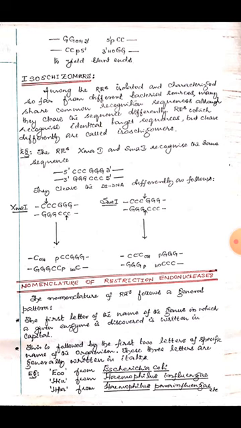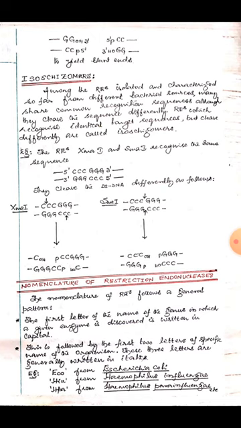Then, this is followed by the first two letters of the specific name of the bacterial strain. These letters are generally written in italics. ECO, if I say, E stands for first letter of generic name, CO stands for first two alphabets of specific name.